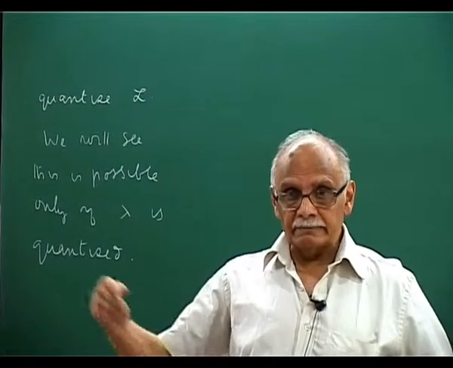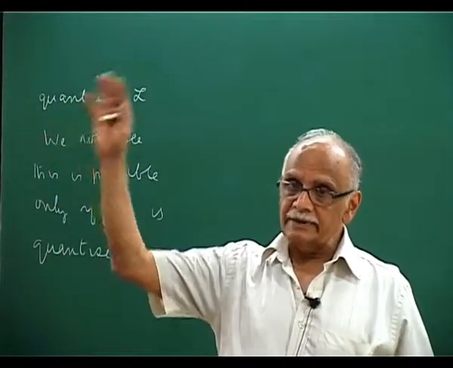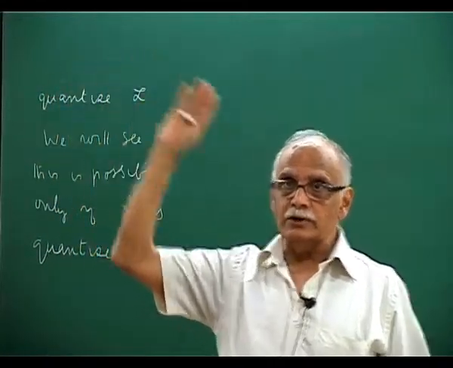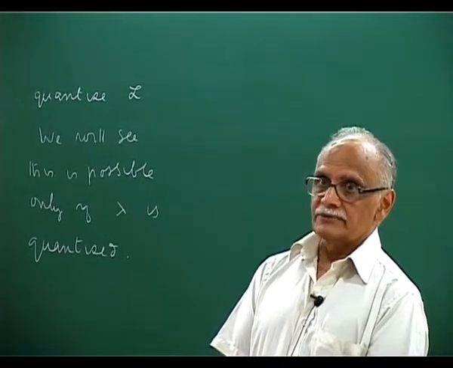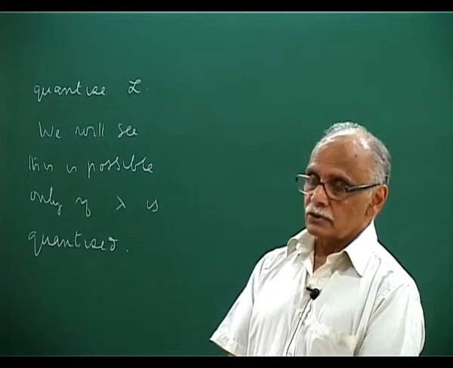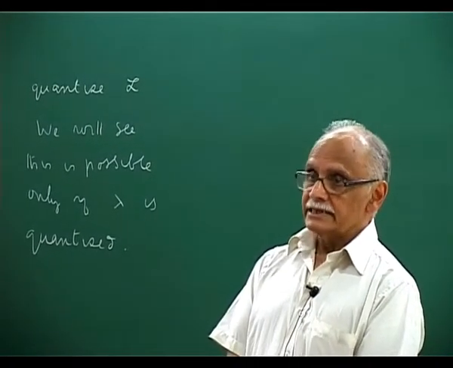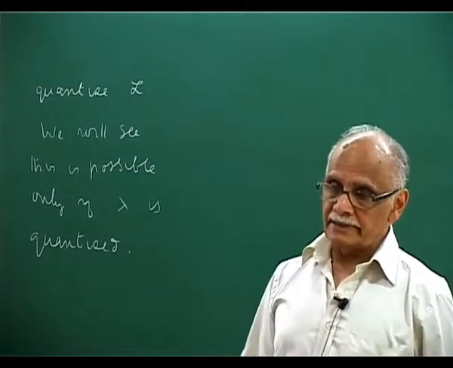This will happen in magnetic monopoles, and if you keep going along, it will happen in conformal field theories and it will go on and on. But this is among the simplest instances of this phenomenon. We will not be able to quantize this unless this parameter lambda gets quantized.